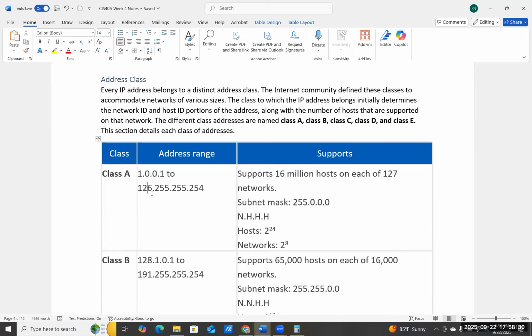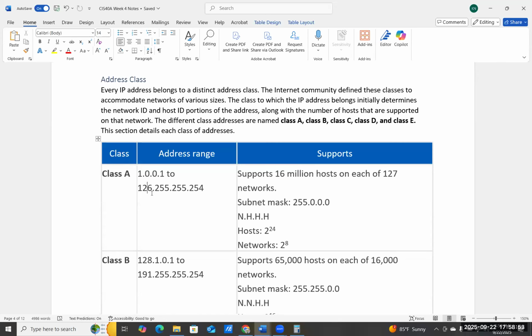That is going to give you many, many hosts, but fewer networks, since there are only 32 bits to give or take. So we can have more hosts, many computers, and then fewer networks.